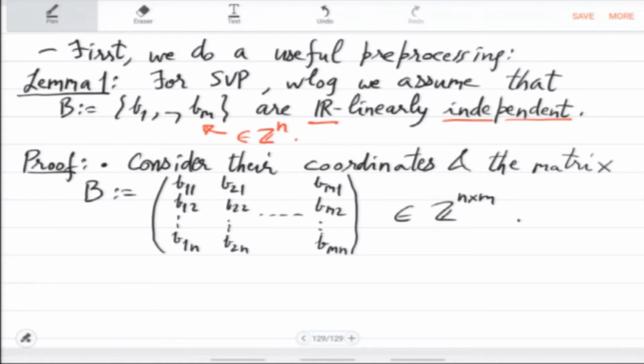The first thing that we will do is take the GCD of the first row: b11, b21, up to bm1. Consider a combination of these b_i1s, b11 to bm1, which is equal to the GCD of the first row.